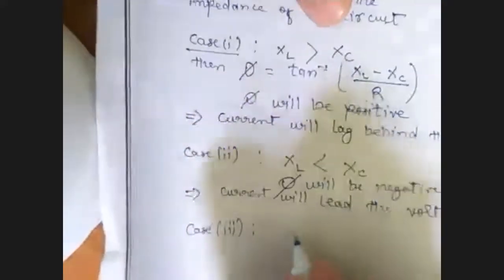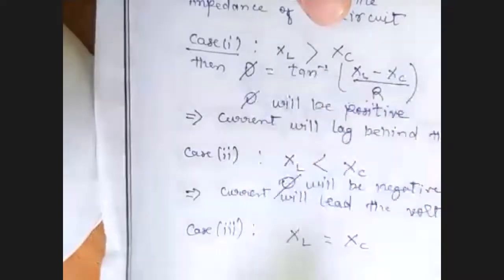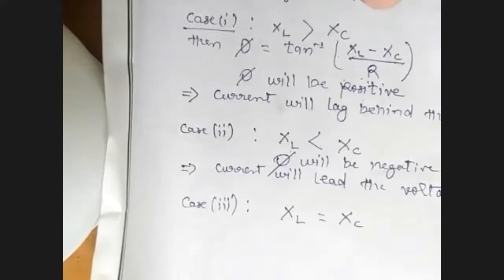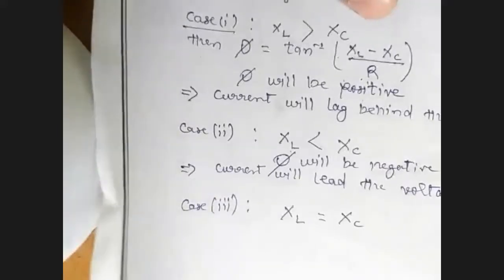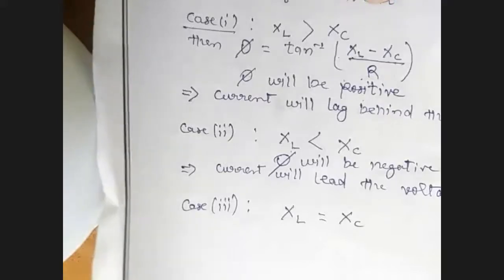Now case 3. Case 3 ahead, whenever XL will be equal to XC. If XL will be equal to XC, means the resistance offered by the inductor will be equal to the resistance offered by the capacitor.